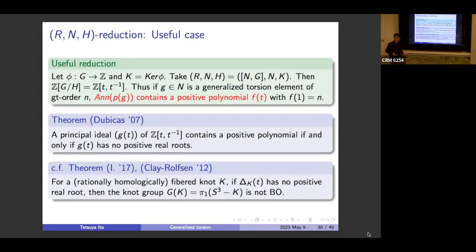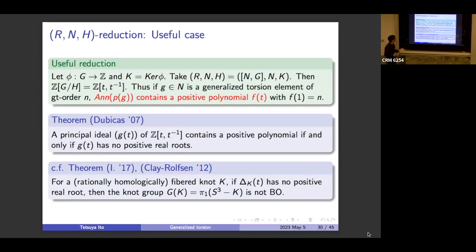So many of you notice a similarity with the bi-orderability criterion for fibered knots, as in Dale's talk, or a slightly generalized version for the rationally homologically fibered knot case. If the Alexander polynomial has no positive real root, then the knot group is not bi-orderable. Indeed this theorem is related to this kind of assertion, but I skip it.